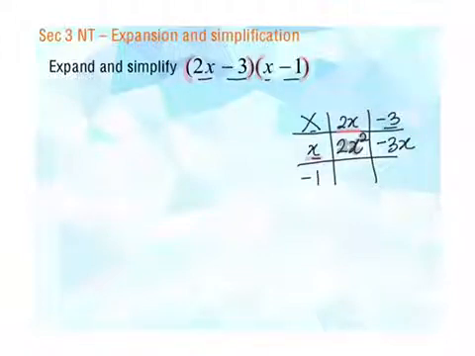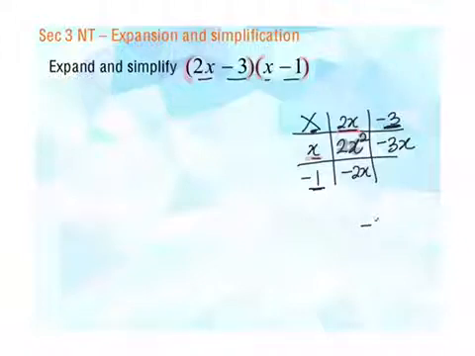And the next one will be 2x times negative 1, and that will give me negative 2x. And last but not least, the last square will be negative 3 times negative 1.